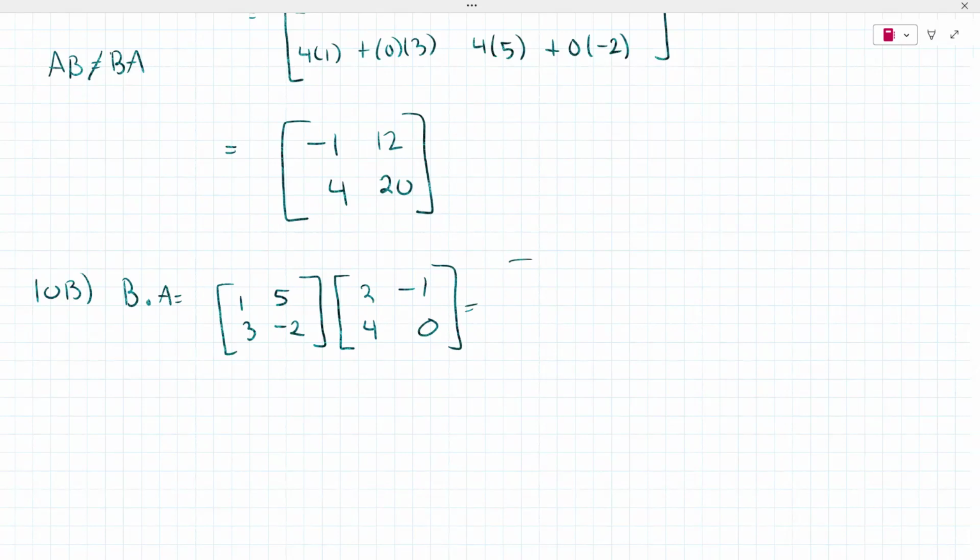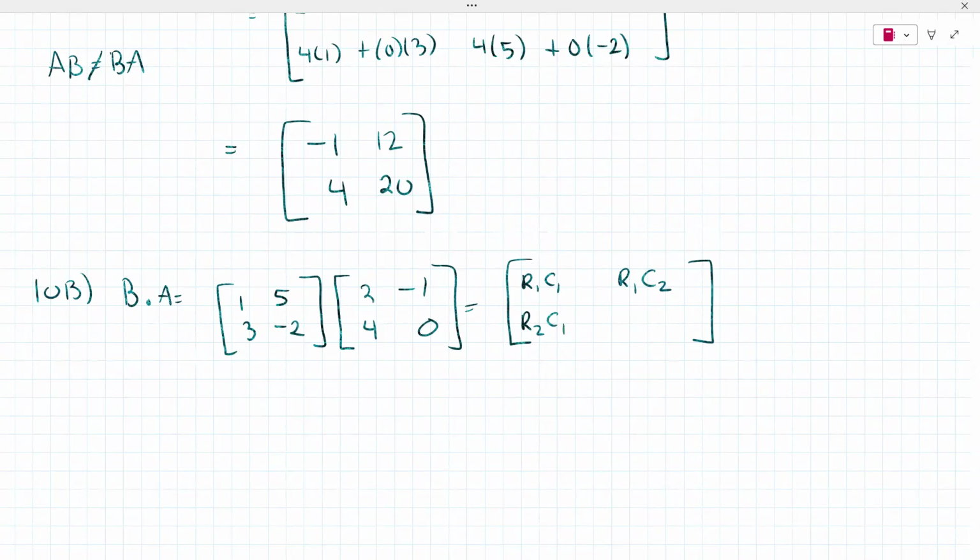When you multiply this out, it's going to be this row by this column. This is row 1 times the first column. And then the second one would be first row, second column. And then this row would be row 2, column 1.